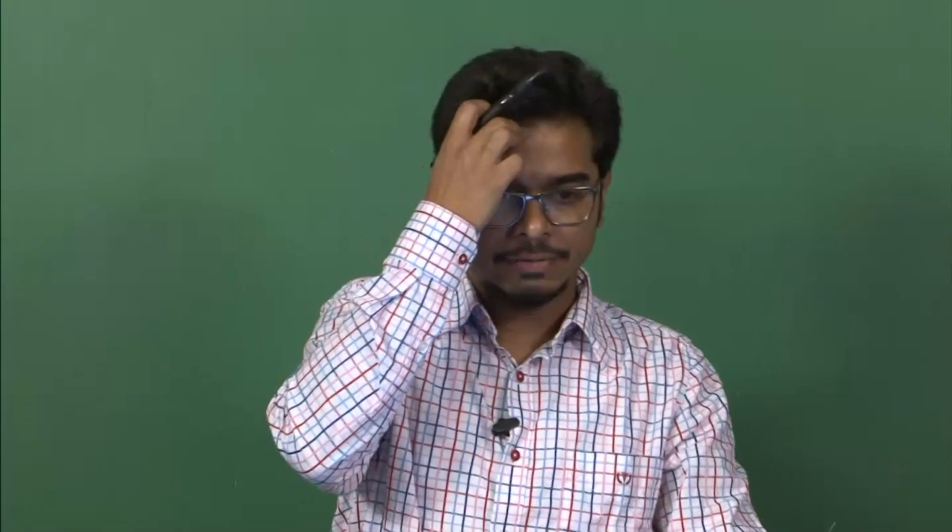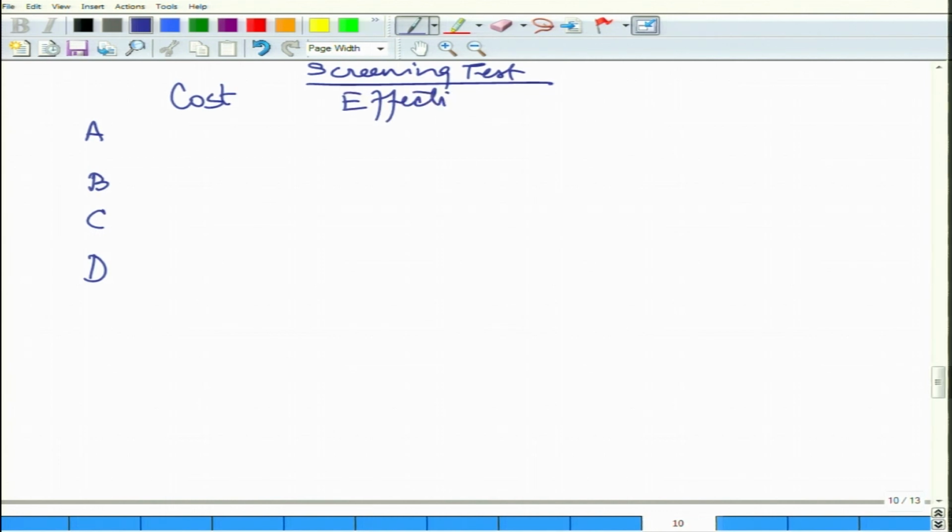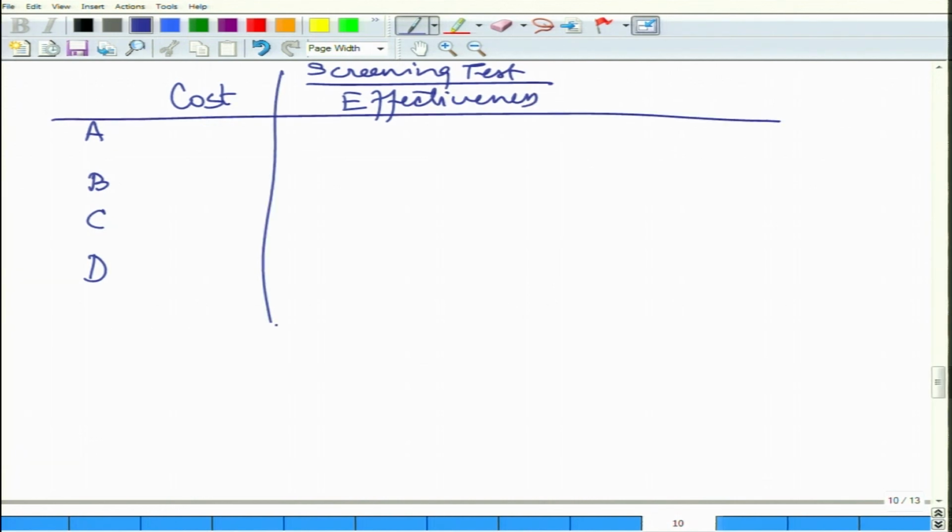Therefore, say I have an example with A, B, C and D, and the cost of a screening test, any screening test, and my effectiveness. Cost and effect, basically.